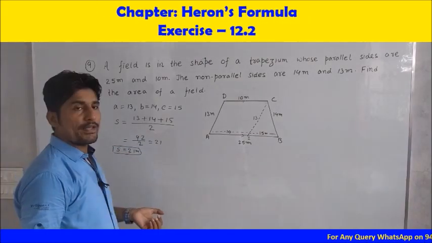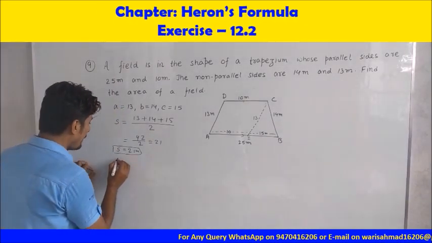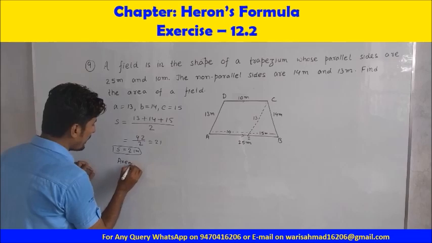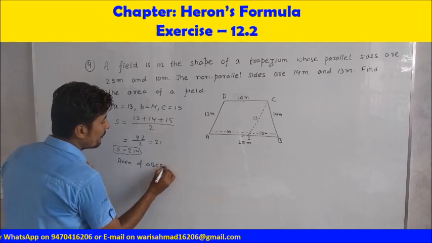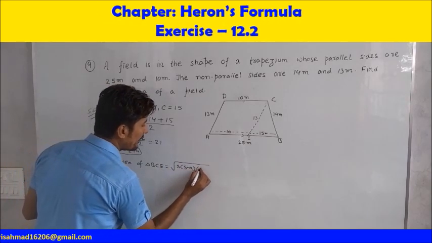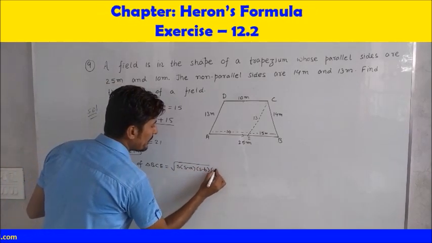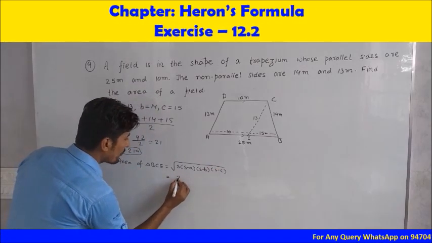After getting the value of S, now we have to find the area of triangle BCE. So we can write here, area of triangle BCE will be equal to under root S into S minus A, S minus B into S minus C. Now the value of S is 21.